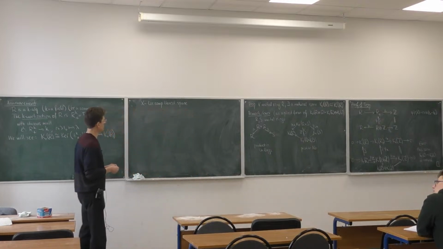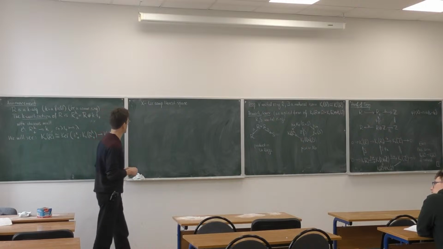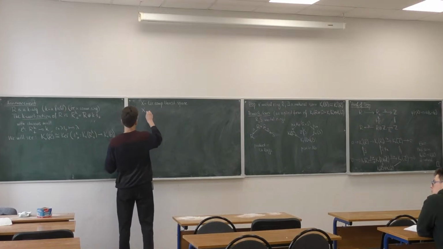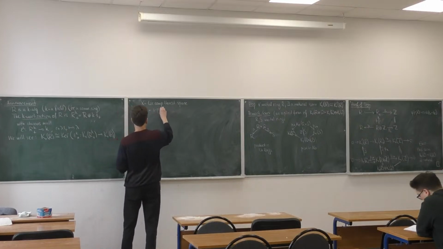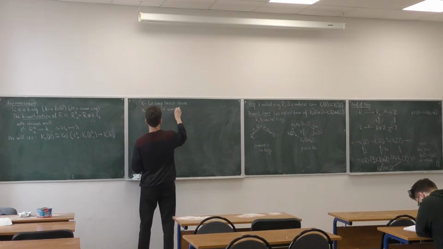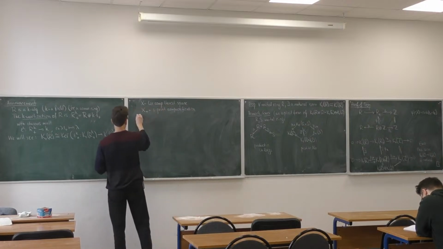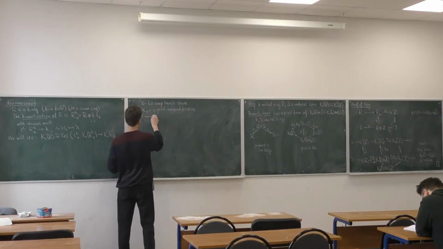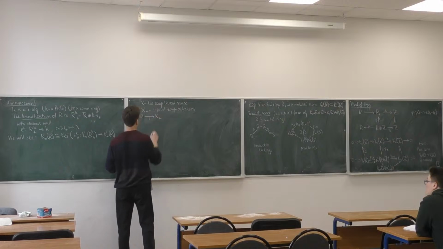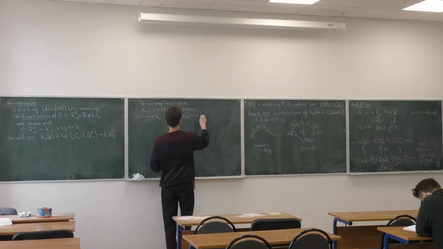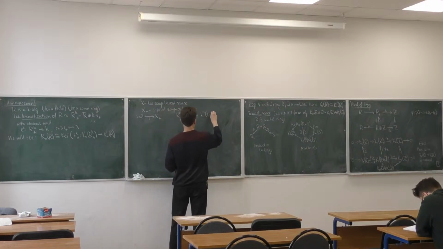Let's consider probably the most common way of defining K0 of X in the locally compact setting, which looks as follows. We consider the one-point compactification of X, which is a compact space. We consider the inclusion map I of the new point, infinity, into X plus. Then we have the induced map of K groups from K0 of X plus to K0 of the point, I star.